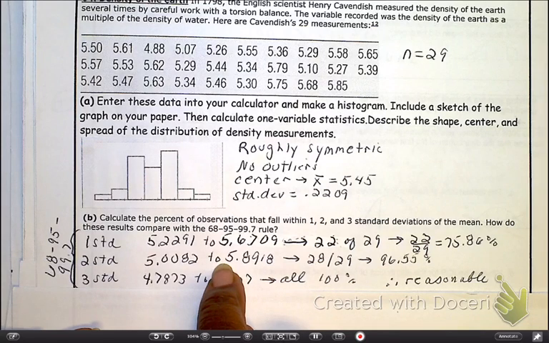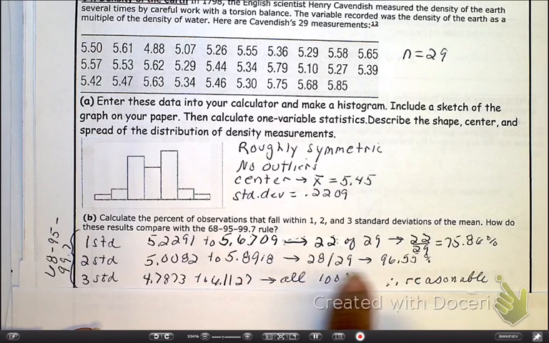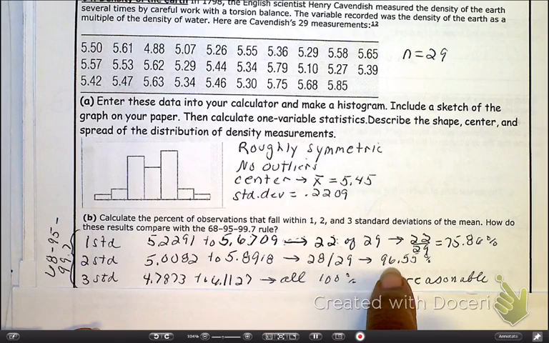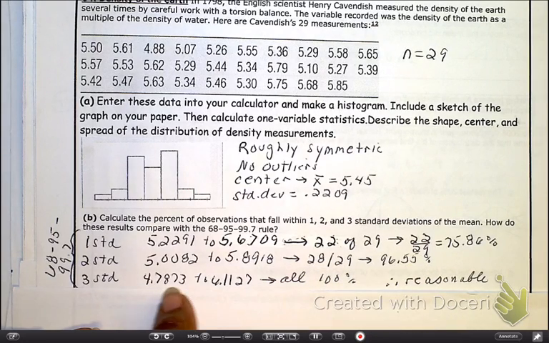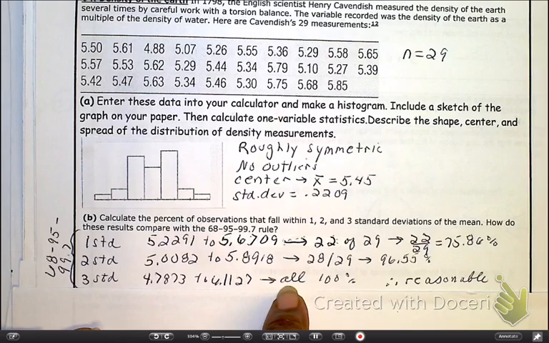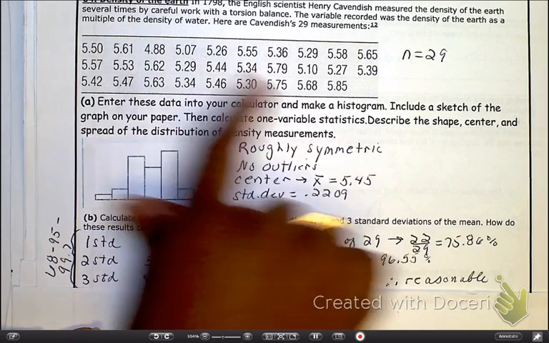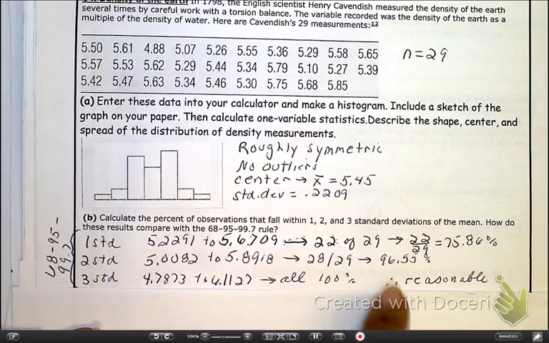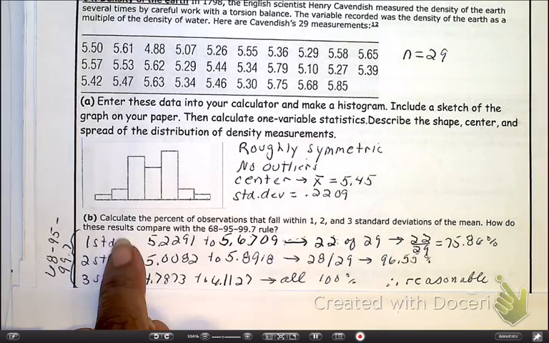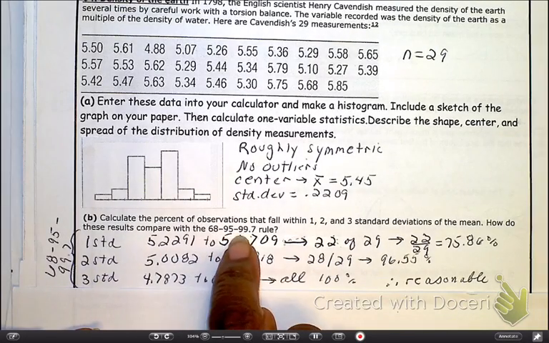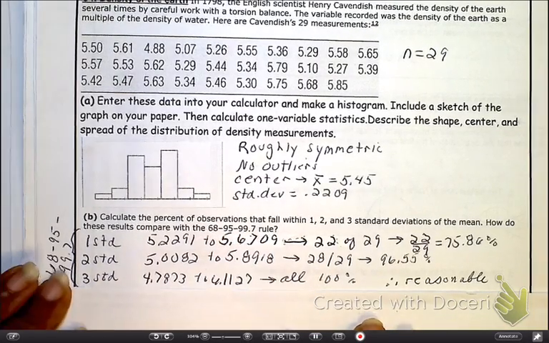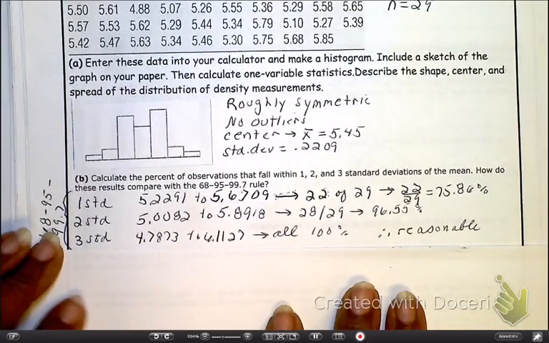The 2 standard deviations away being the middle 95%, 96.55, and then 3 standard deviations away, which is the middle 99.7%, which on this one is all 100. So therefore, the question is, how do these results compare to the 68, 95, 99.7? And my answer to that is, it is extremely reasonable.